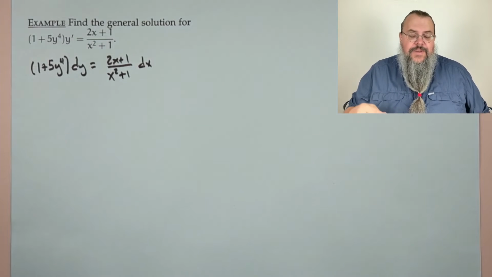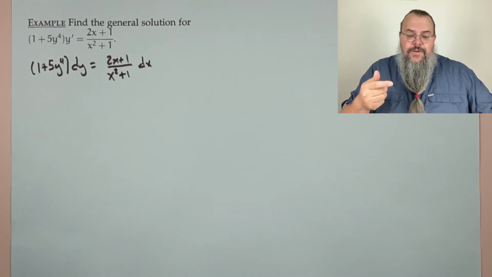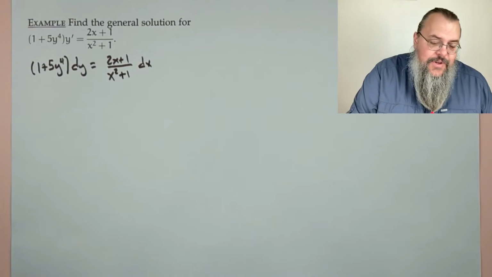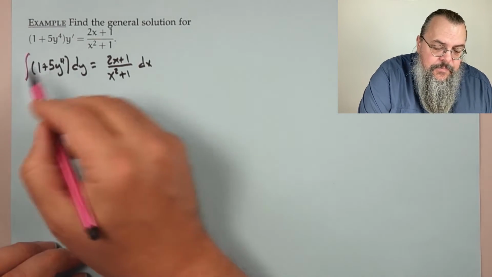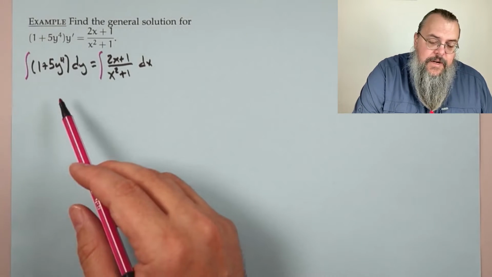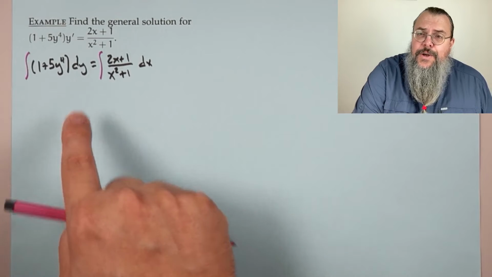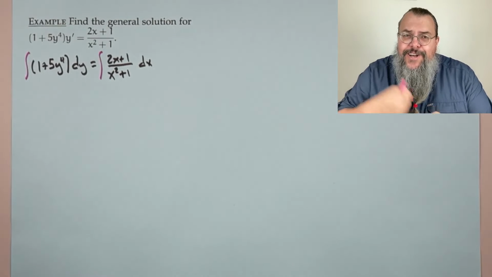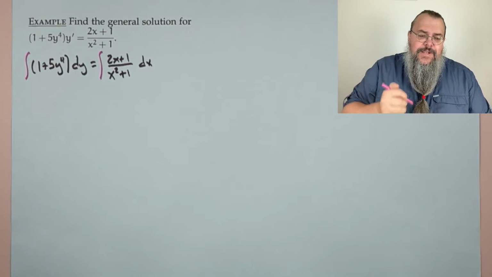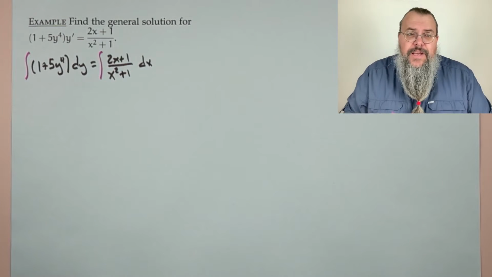What comes next? Integrate. So separate, integrate. We're already into step 2. So we're going to integrate both sides. The integral of (1 plus 5y to the 4th) dy. This is important notation, right? We really kept emphasizing in Calc 1: don't forget the d something, because you have to pay attention. What are you integrating with respect to?